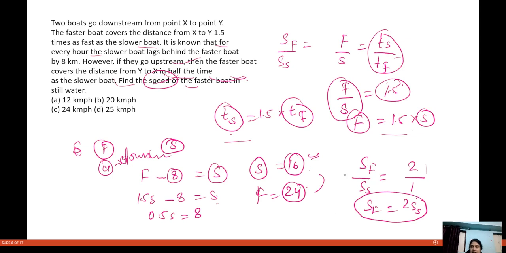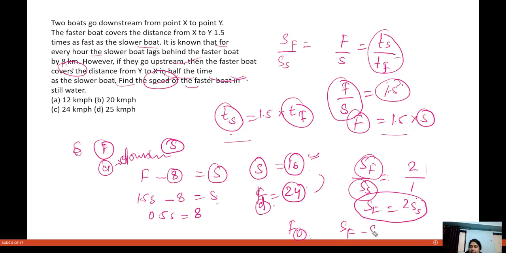This is the speed of the boat downstream. Let us find the speed of the boat upstream. What is the speed of the boat upstream? This is the speed of the boat upstream we are talking about. Now this also will differ by 8 km.